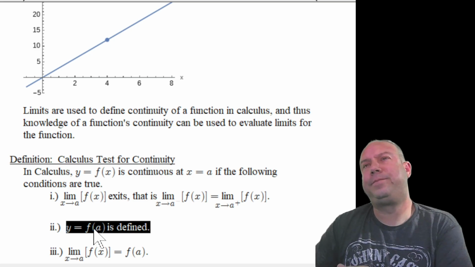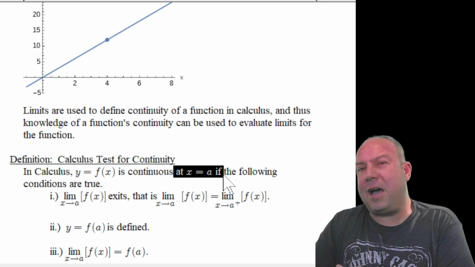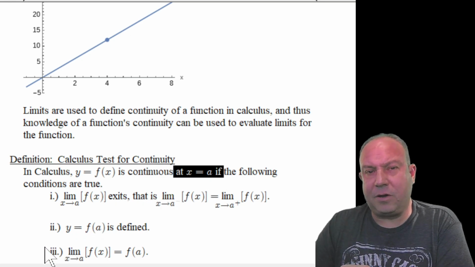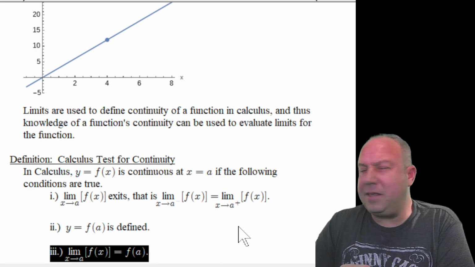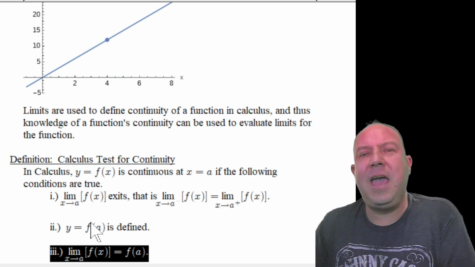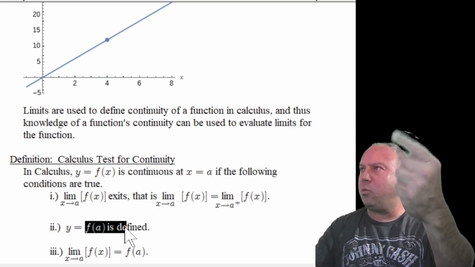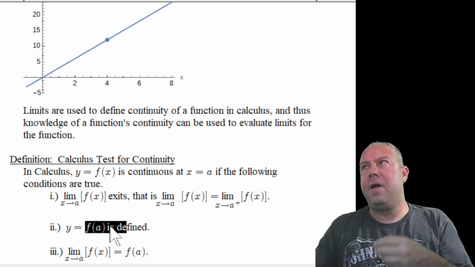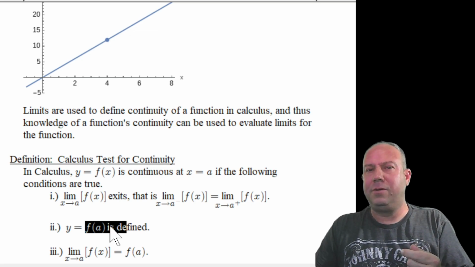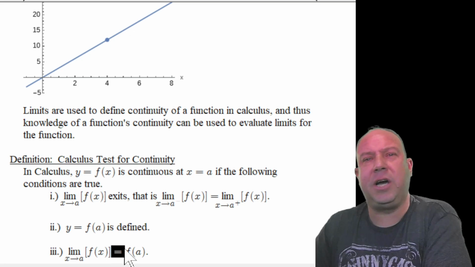And then lastly, to be continuous at a value of a, the limit that must exist for function f of x as x approaches a, and this value f of a that must be defined, from criteria 1 and 2, must be equal to each other.